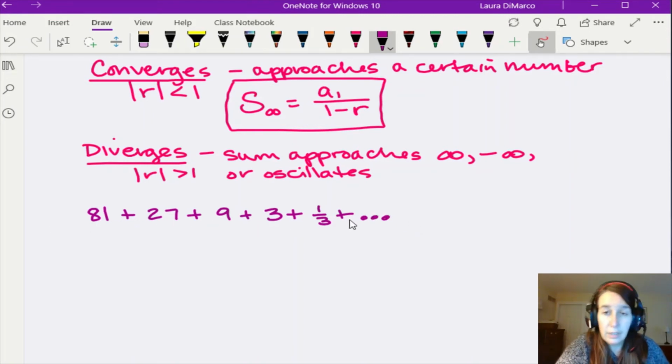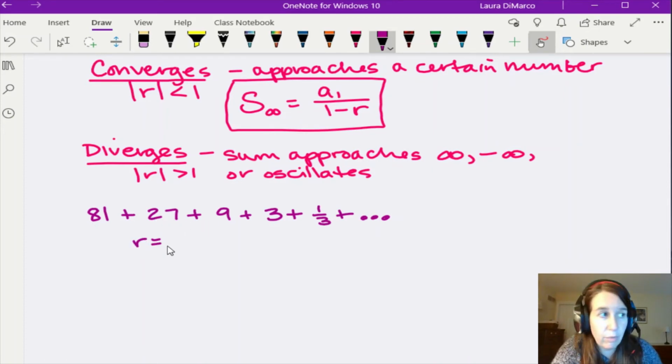So as you can see, this sequence of numbers is 81, 27, 9. They are getting smaller, right? So in other words, it looks like we're dividing each term by 3, so the common ratio is 1/3. So when the ratio is less than 1, then the series is going to converge to a number, right?